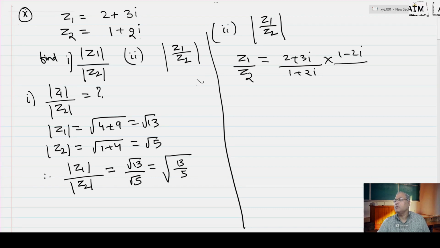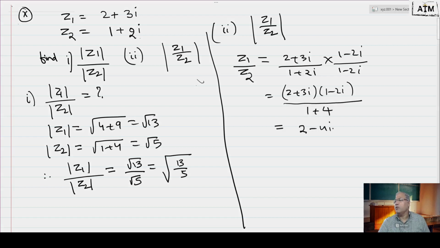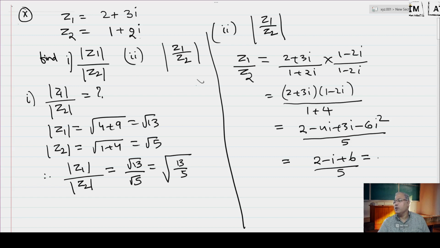Rationalizing the denominator, we get (2 plus 3i)(1 minus 2i) upon 1 plus 4, which equals 2 minus 4i plus 3i minus 6i squared, upon 5, which equals 2 minus i plus 6 upon 5, which equals 8 minus i upon 5. So z1 upon z2 equals 8 upon 5 minus i upon 5.